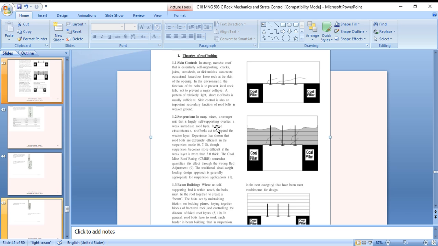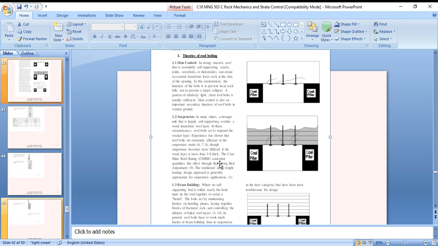Suspension: in many mines a stronger unit that is largely self-supporting overlies a weak immediate roof layer. In these circumstances roof bolts act to suspend the weaker layer. Experience has shown that roof bolting is extremely efficient in the suspension mode.